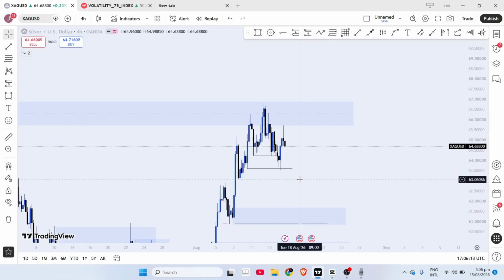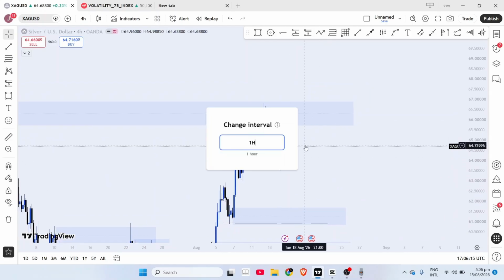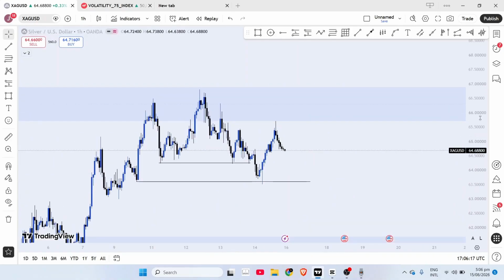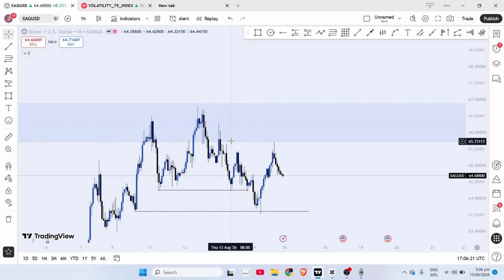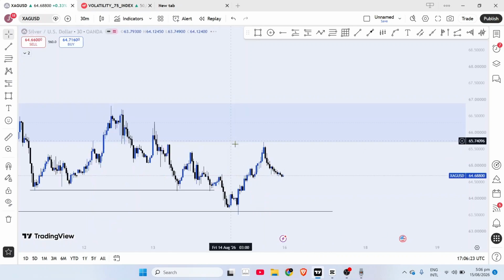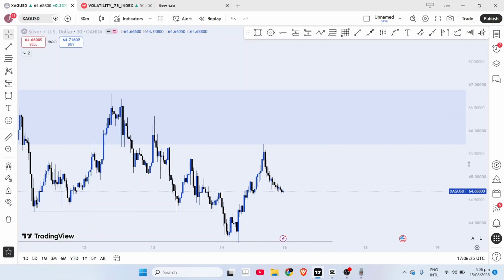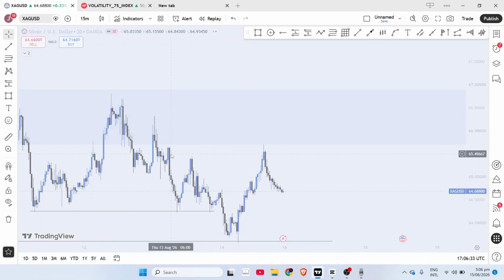As you trade silver on the 1 hour time frame, we can see that silver has retraced into, let's refine this and see if we can find a proper zone. You can see that silver has swept this high.